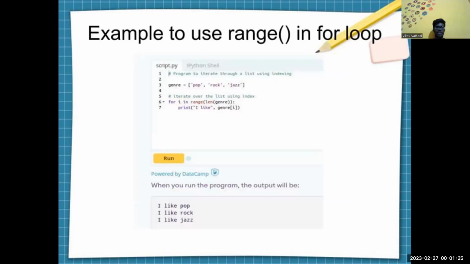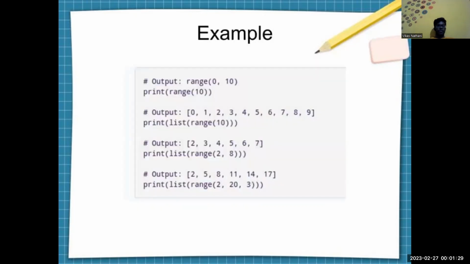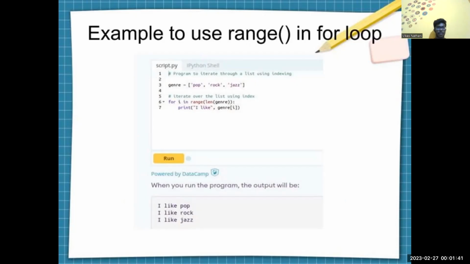Example to use the range function in a for loop. Now we know what the range function is and what the parameters are: start, stop, and step. Now let's use it in a for loop. The program is to iterate through a list using indexing.